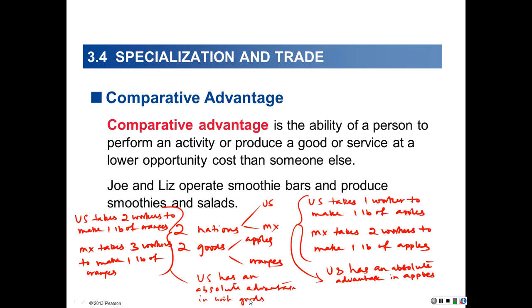Now, we would say here that basketball player X has what is called a comparative advantage in basketball compared to the average Joe. He has an absolute advantage in basketball and lawn mowing, but average Joe has a comparative advantage in lawn mowing. Right? And this will become clearer as we proceed.